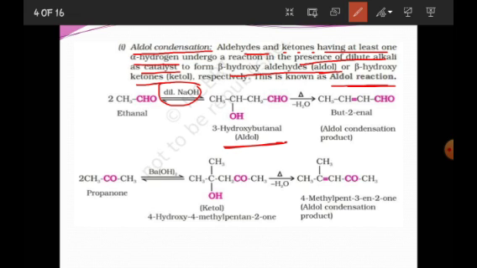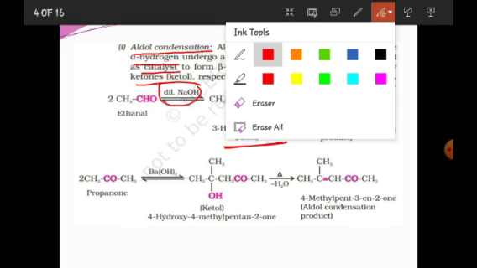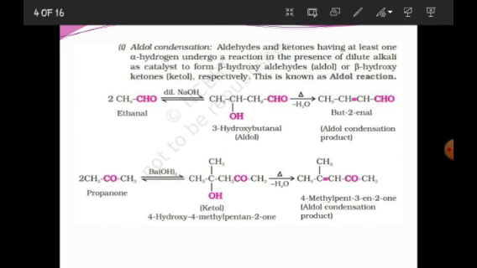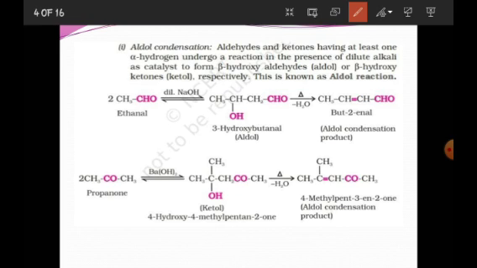Now please understand the reaction carefully. See, here what is taken? Ethanol is taken. Now first of all, let me explain again what is alpha hydrogen here. If I write the expanded structure, I can write it this way: CH3, CHO.